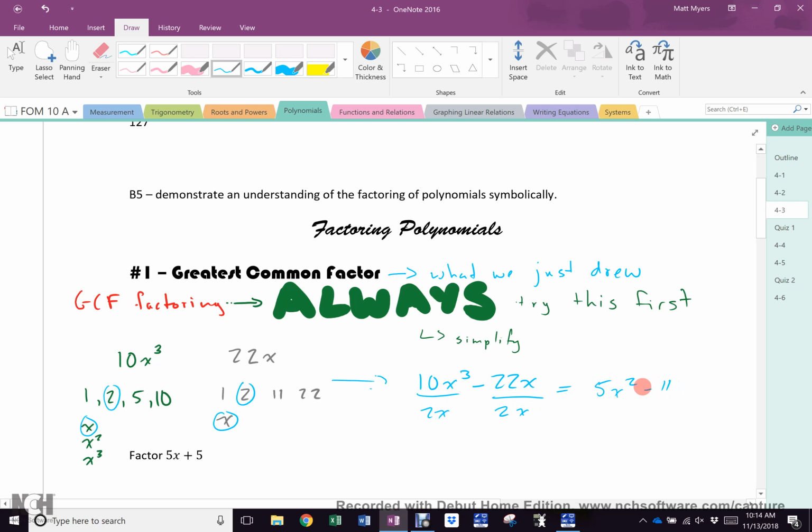No. You got to remember that you are looking at coefficients and variables. Step 2, what was step 2? Once we had our GCF, what did we do with it? Divide all terms by the GCF. And step 3, write your answer as such. Your answer in this form.